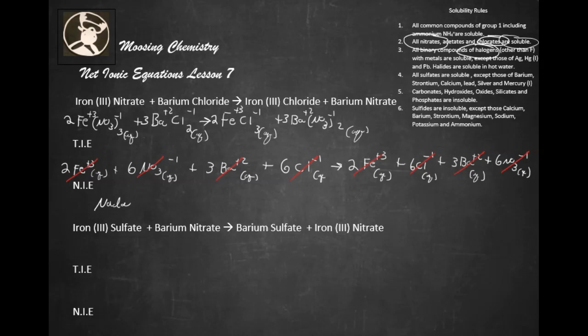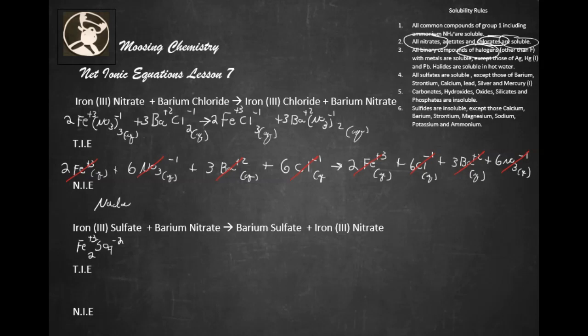All right, now the next problem, guys, is going to be iron 3 sulfate. So let's go and write that. So that would be Fe plus 3, SO4 minus 2.